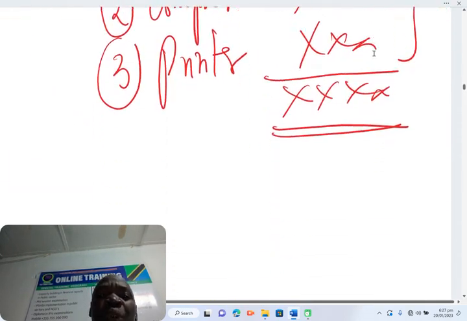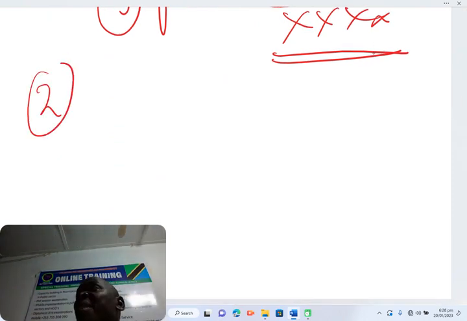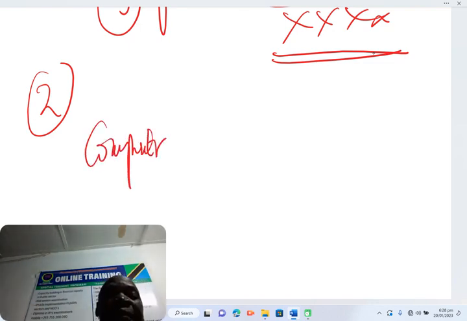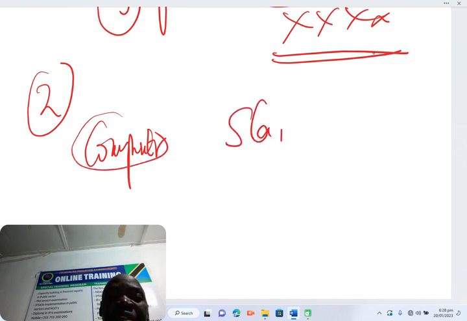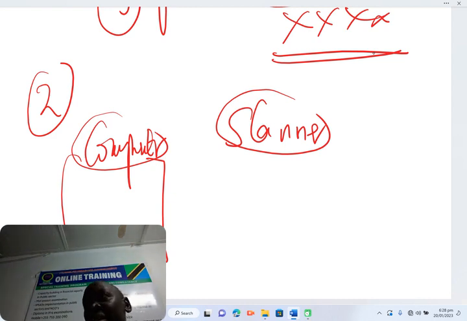So when we go to number 2, the same. Example number 2. Assume sasa una scanner. Sawa? Kwa hiyo sasa you must have a computer somewhere, and then you have a scanner somewhere. So this scanner must get connected to a computer.